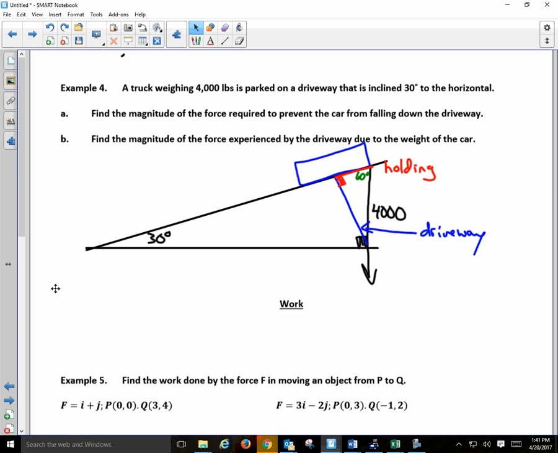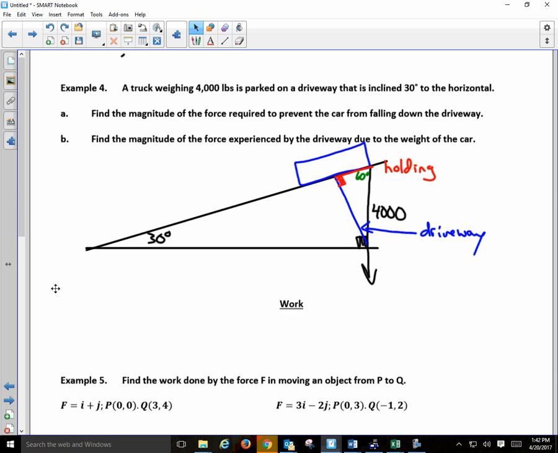Now, suppose I have a truck that's sitting on a vertical incline above me. It weighs 4,000 pounds. How much force do I have to exert to keep it from falling on me? 4,000. So you can see that at 0 degrees, it would be 0, and at 90, it would be 4,000, right? So we're at 30 degrees, so there's going to be some weight in between there. That's going to be calculated by this red component right here.